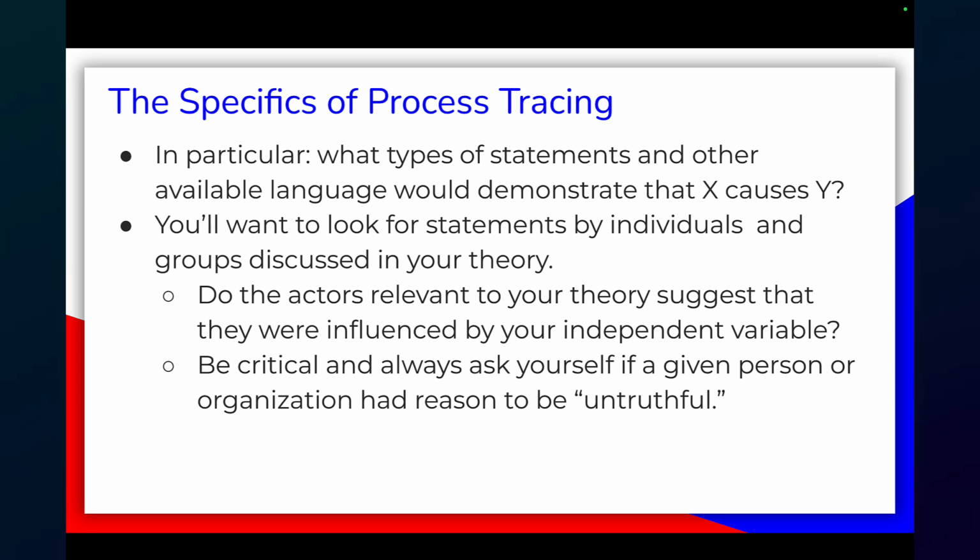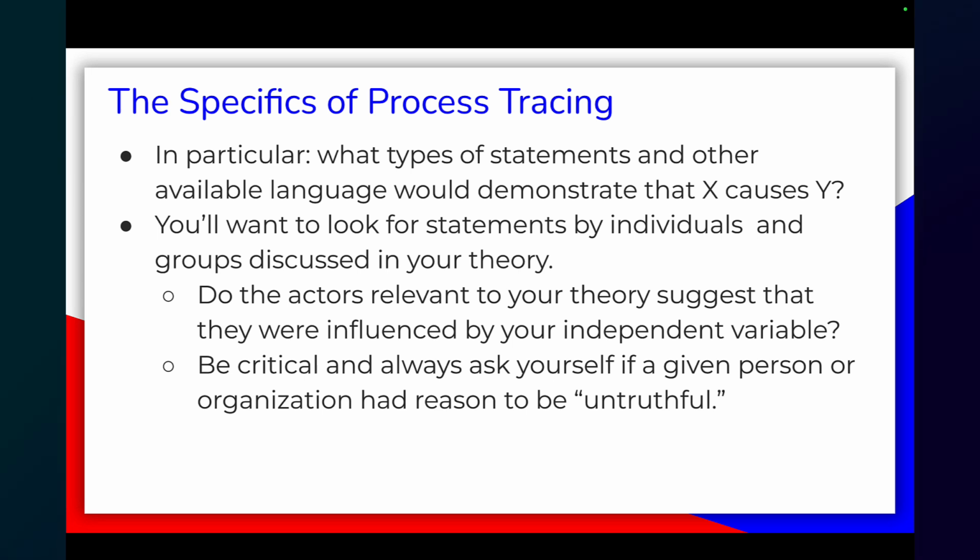If your theory is about elites and how they behave in terms of roll call votes, you're going to want to interview members of Congress. So here you need to ask: do the actors relevant to your theory suggest that they were influenced in some capacity by your independent variable?